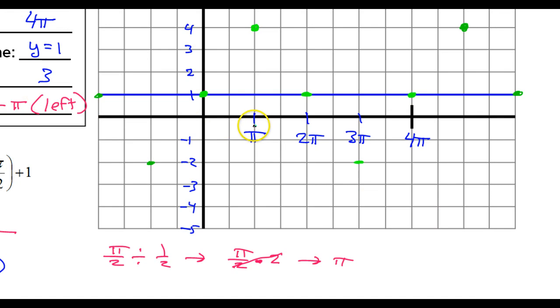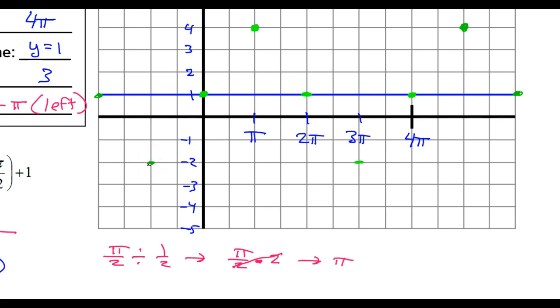How big is pi on this graph? Well, you can see pi right here. Notice that it is 2 squares in size. So I'm going to move each one of these green skeleton points 2 squares to the left, because that's how much pi is.